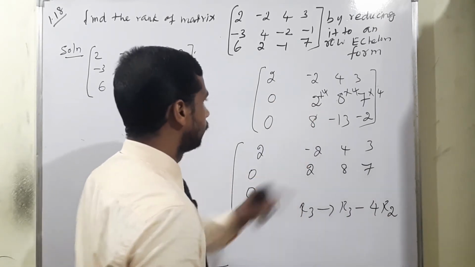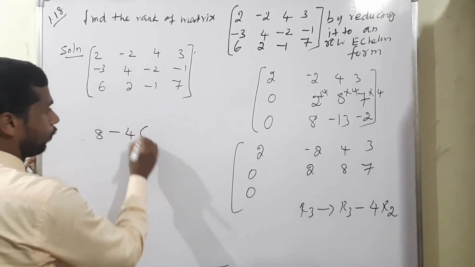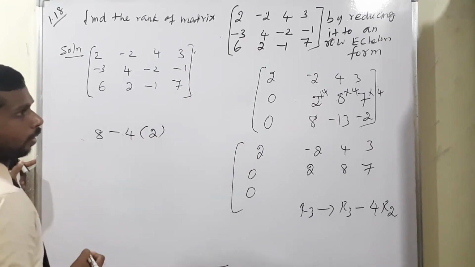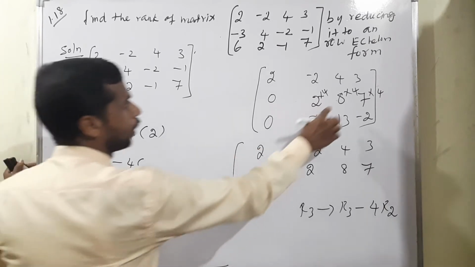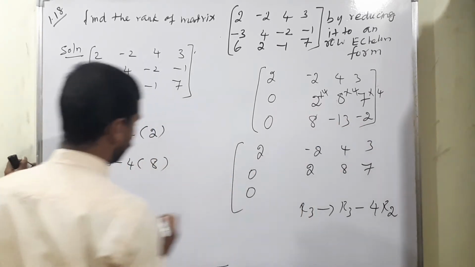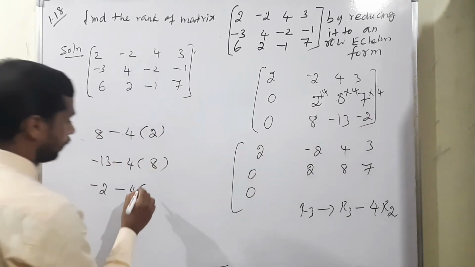Next, R3 is equal to what value? 8 is there, center minus sign, then 4 into R2 value 2. Next one minus 13 is there, then minus 4 into R2 value 8. Next one minus 2 is there, then minus of 4 into 7.